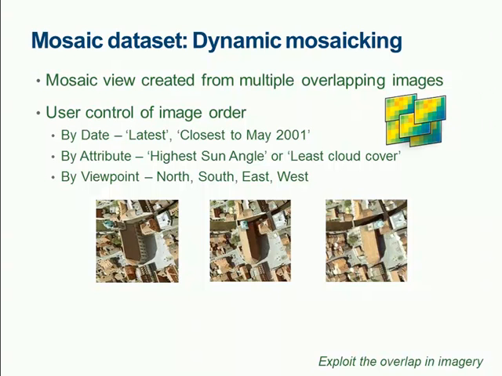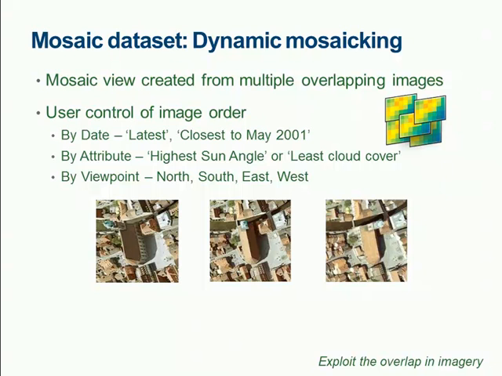By changing what we call the Mosaic method, the user can define priorities in image order. In other words, which image appears on top. So, for example, images can be put into a time sequence and show either the oldest or the newest imagery, or prioritized based on an attribute, such as cloud cover.